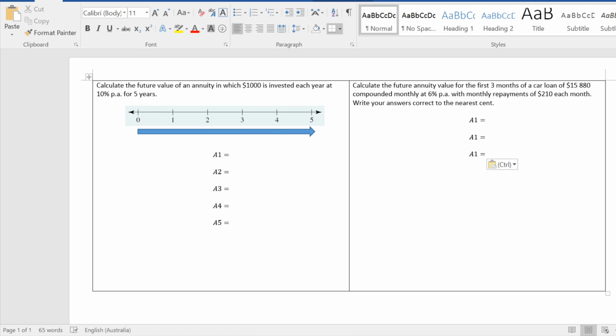So for the first one, we've got: calculate the future value of an annuity in which $1,000 is invested each year at 10% per annum for 5 years. The only difference that presents itself in this question, to set it apart from a compound interest question, is the fact that we're doing this multiple times.